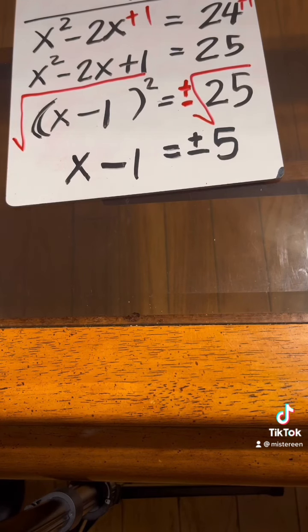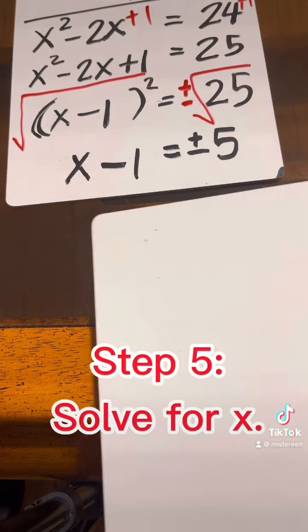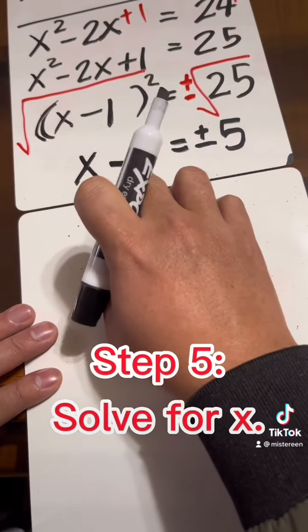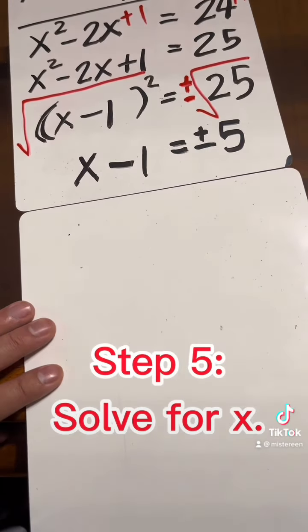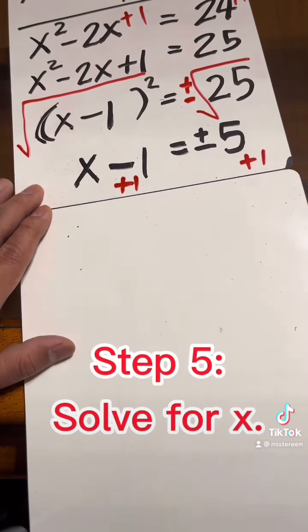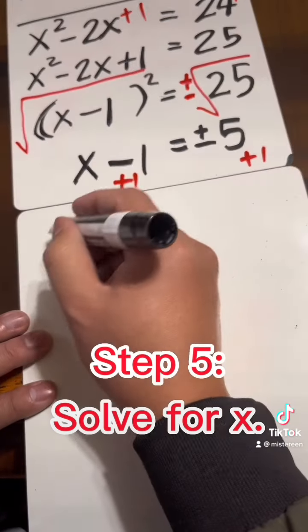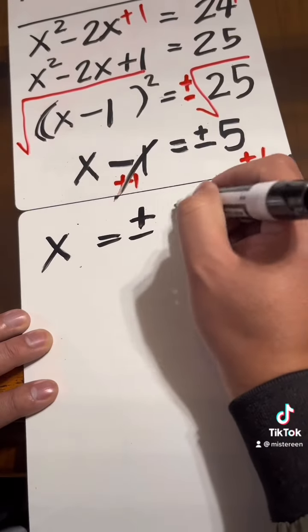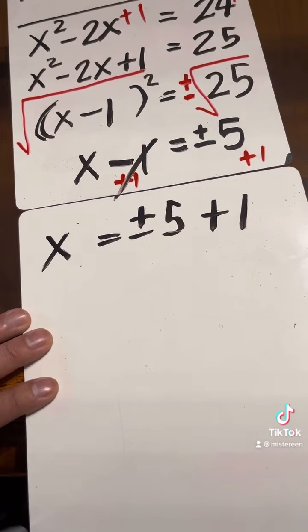Now, we're looking for x. So, here, all I have to do is remove this negative 1. We can do that by doing the undo operation. So, plus 1 to both sides. So, you have x equals, because this is 0 now, plus or minus 5 plus 1. Alright?